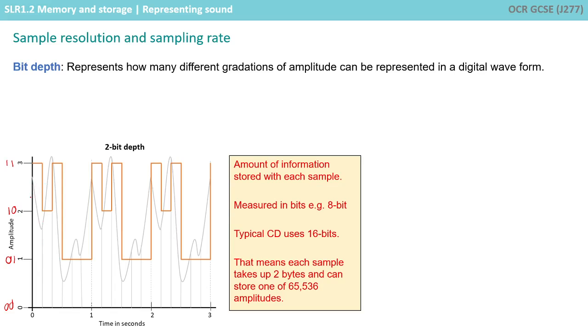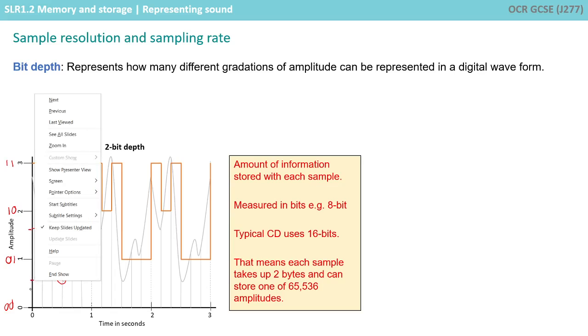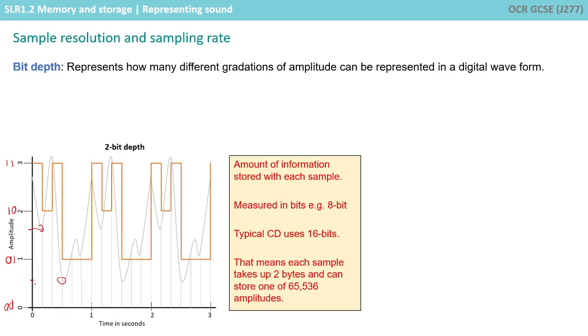So the issue is here though. If you look at this point when we're sampling, the actual wave should be there on the scale. But there's not a measurement, so it rounds it up to 2. Down here, this actually goes quite low, and it should be measuring about there, but there's no point there because we haven't got the resolution, in other words the bit depth, high enough, so it rounds it up to 1.